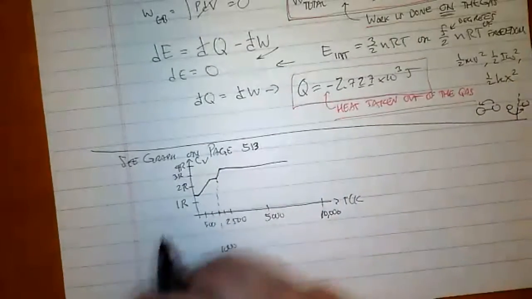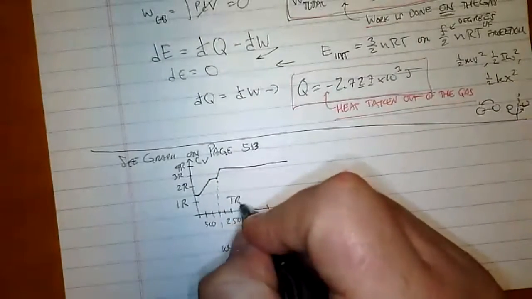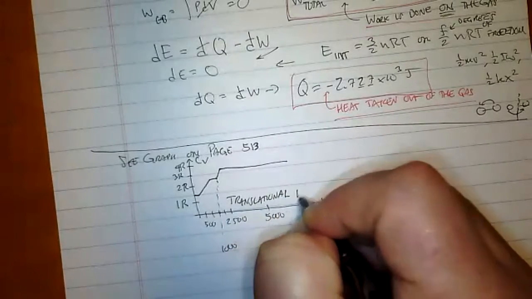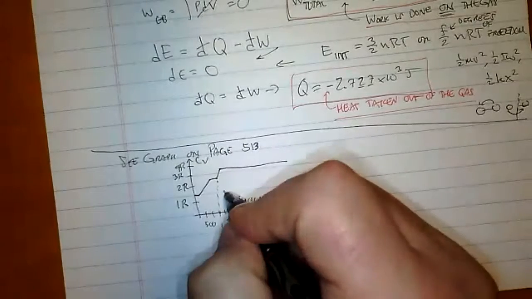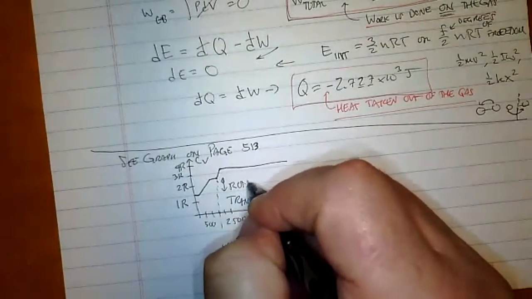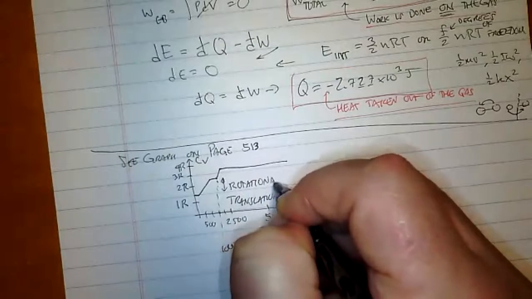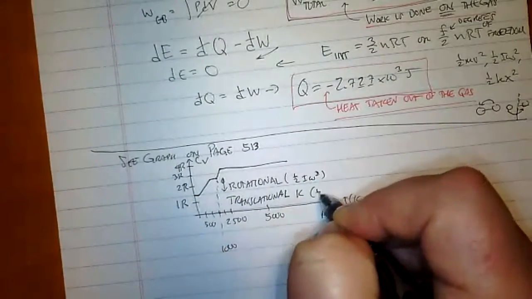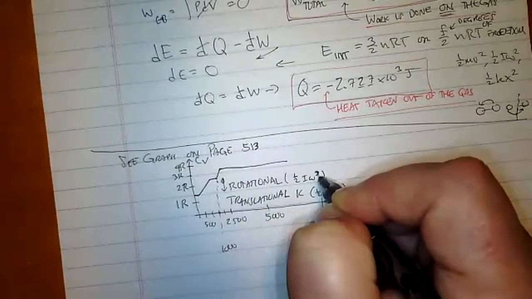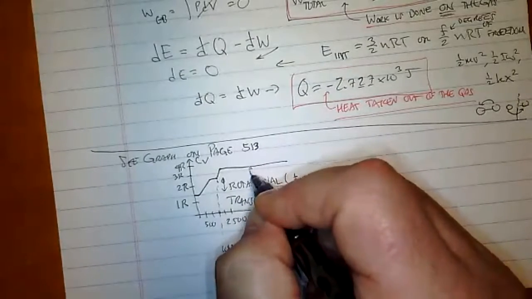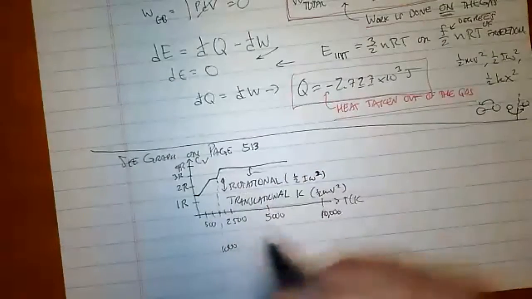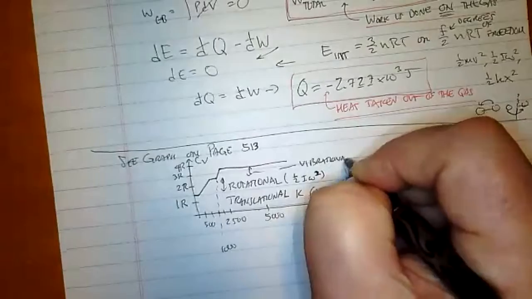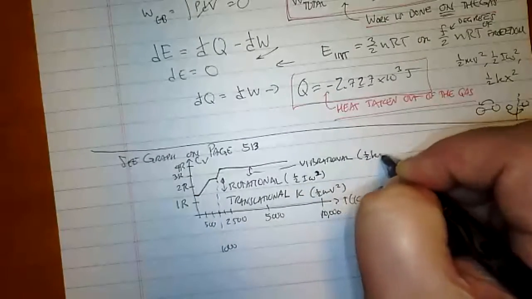Okay, what's going on here is you're just getting translational kinetic energy. Then from here to here, you're getting rotational, which is 1/2 I omega squared. And then from here to here, you're getting vibrational, which is 1/2 kx squared.